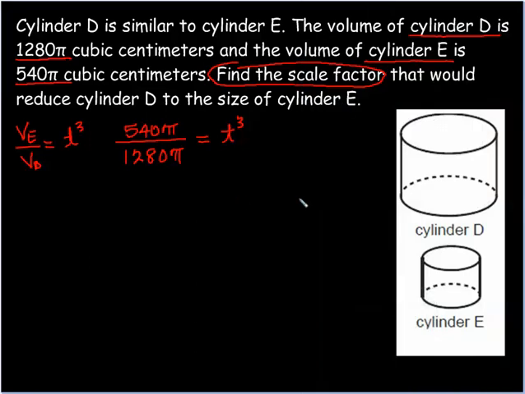So let me come back to my problem. I'm not going to do anything with pi right now. I'm going to leave it there. 27 over 64 equals t cubed. Now, let me show you about the pi.